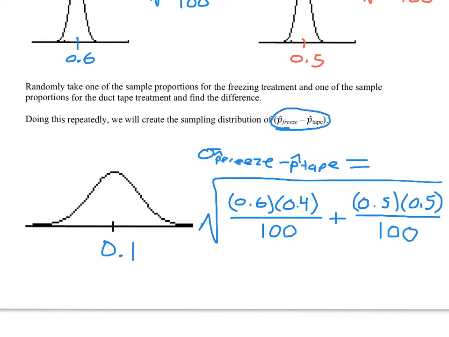I leave the radical off, I add them together, and then I take the square root to turn it back into standard deviation. If you do this on your calculator, you will get that this standard deviation equals 0.07.